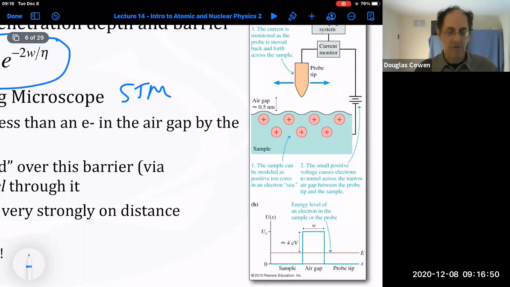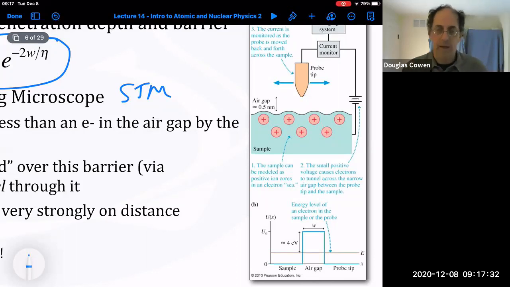And then those electrons, you can measure the current that gets produced as those electrons get pushed out of the metal that you're shining light on, and then they travel between the anode and the cathode, and you can measure that current. In this case, there's no light being shined on this probe tip or on the sample. Instead, we're relying on the small probability that an electron can basically jump across that gap. It doesn't get pushed by a photon. It just jumps by virtue of quantum mechanical tunneling.